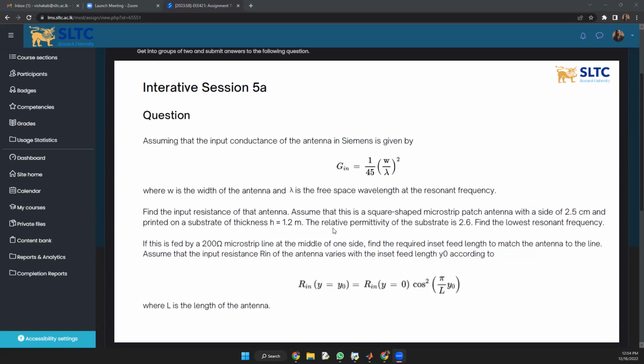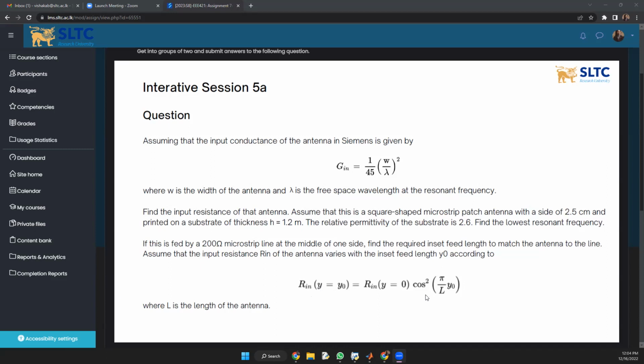The impedance of the antenna varies across the plane of the patch as given in this function, where you have a cosine function. Based on this function, we can identify how the impedance is changing across the antenna.